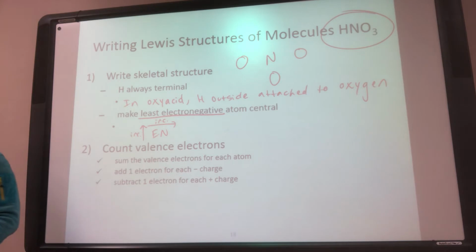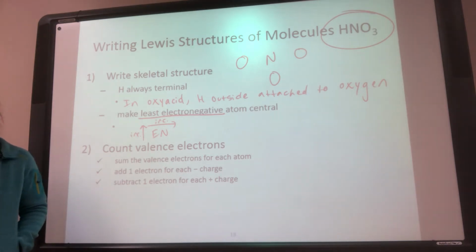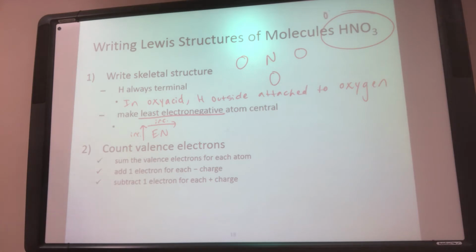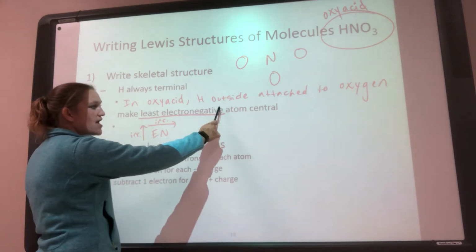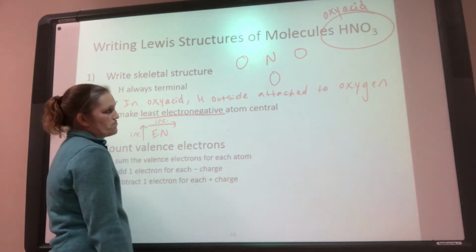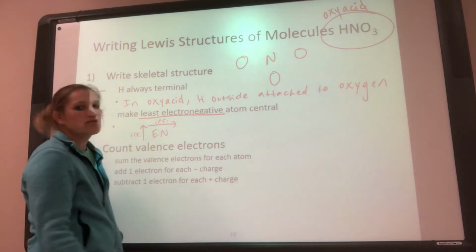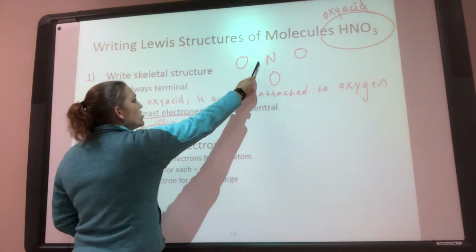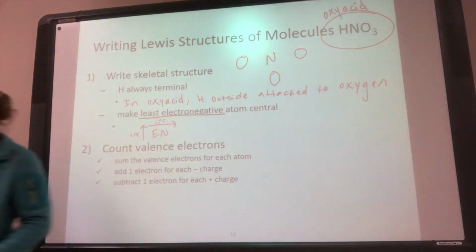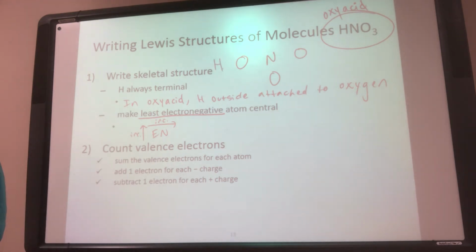Now we've got to figure out the H. I'm going to tell you this is an oxy acid. That means the H is outside, attached to an oxygen. We pick an oxygen, it doesn't matter which, and H doesn't go in the middle, it goes on the outside. So that would be my skeletal structure.